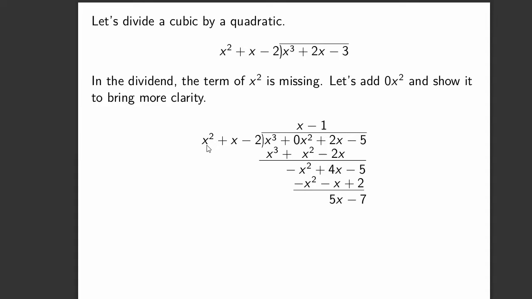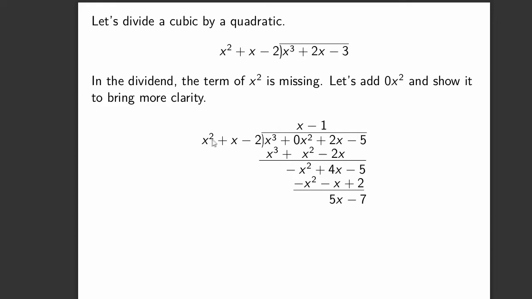Now we must divide the leftmost monomial, negative x square, by x square, that gives us minus 1. So multiply the divisor x square plus x minus 2 by minus 1, and that gives us negative x square minus x plus 2, and after subtracting we get 5x minus 7.